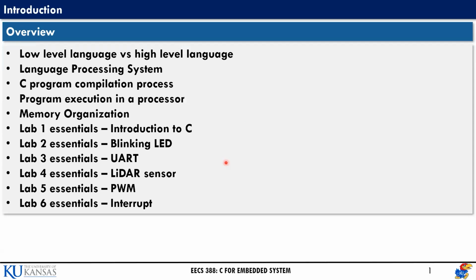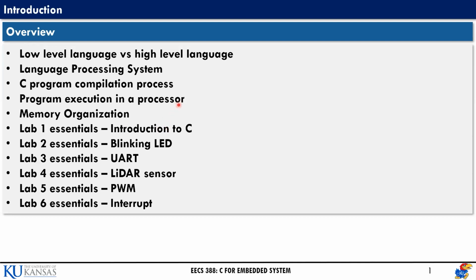So this is the overview of our video lectures. At first, I'm gonna go over what is the difference between the low-level language and the high-level language, as we are going to use C language, that is a lower-level language, and we program the embedded systems using a lower-level language.